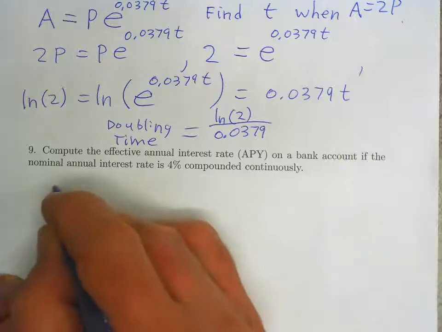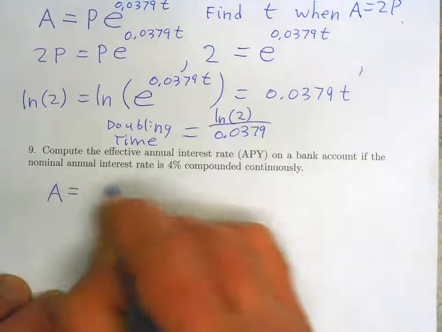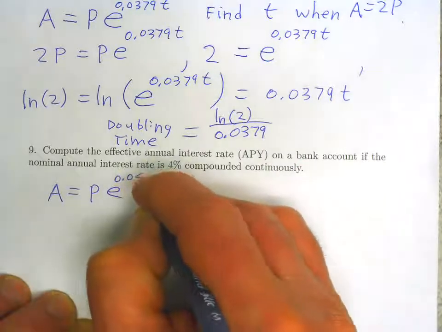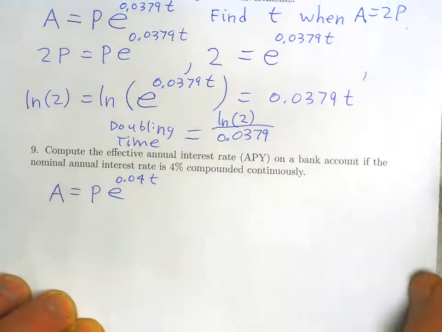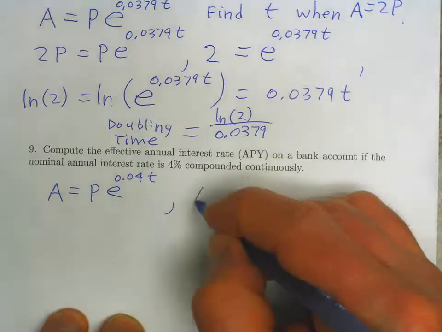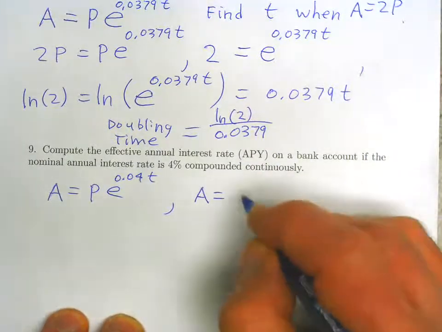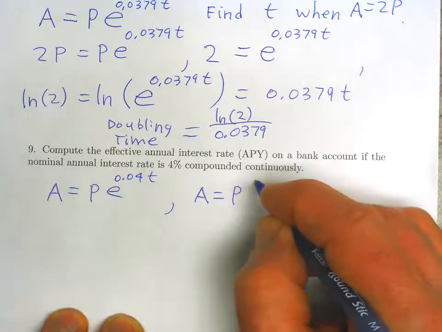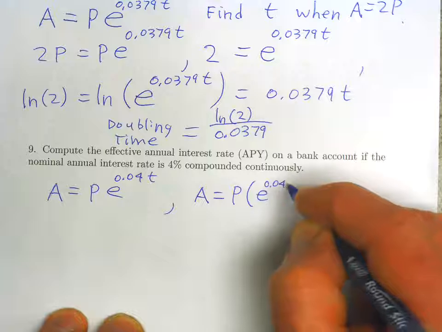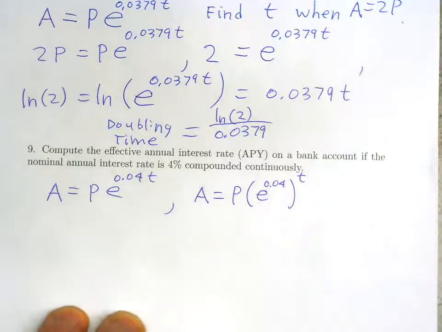So we set it up the same way. A equals P times e to the 0.04 t. But this can be thought of as P times e to the 0.04 raised to the power t.